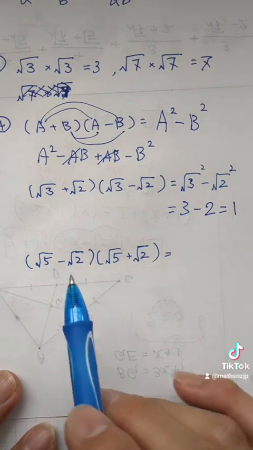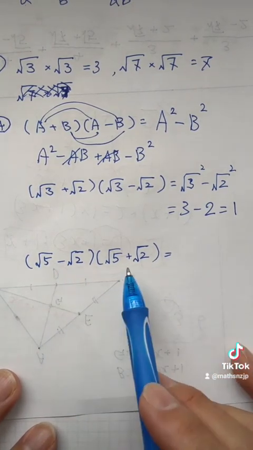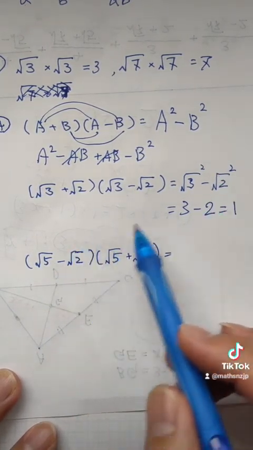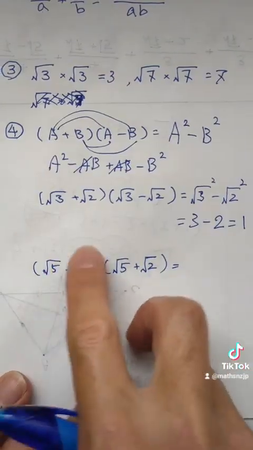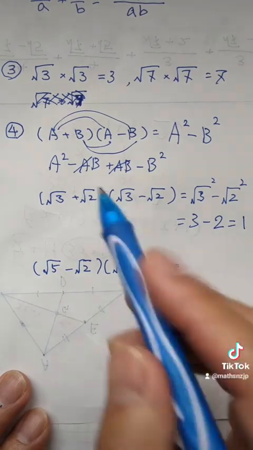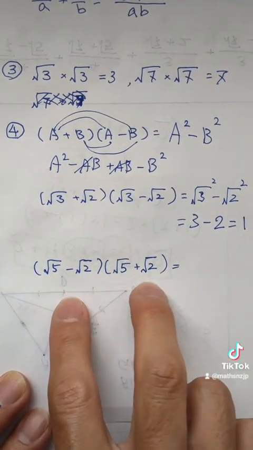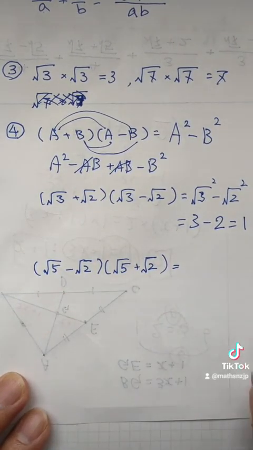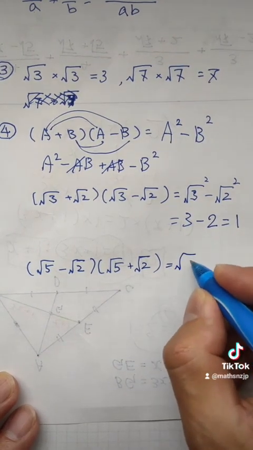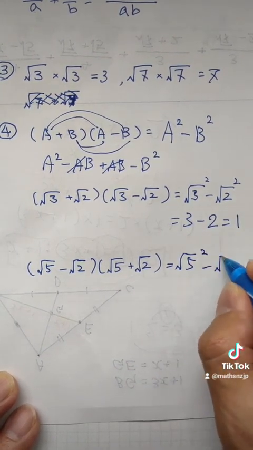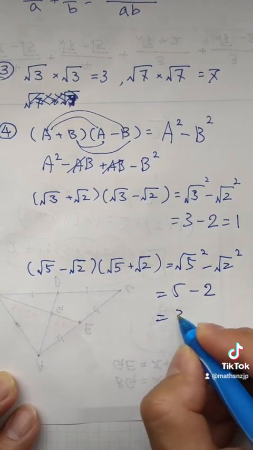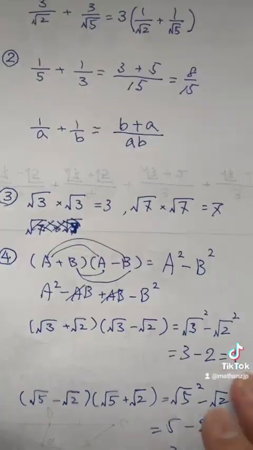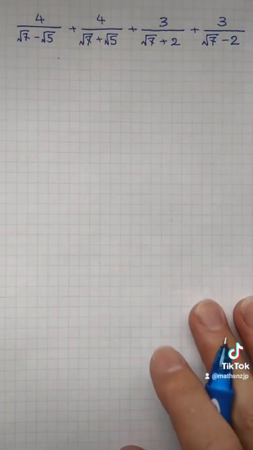Then even if you see negative first and then positive second, the result is the same, because this one is one number times one number, isn't it? So if you swap around, you get the same answer. So square root 5 squared take away square root 2 squared, which is 5 take away 2, which is 3, like that. Okay, so we're gonna use these skills to deal with this one.